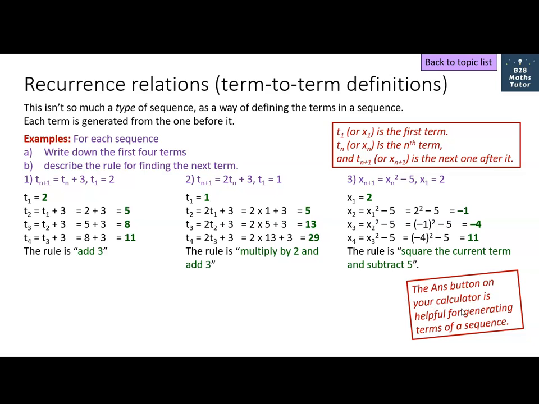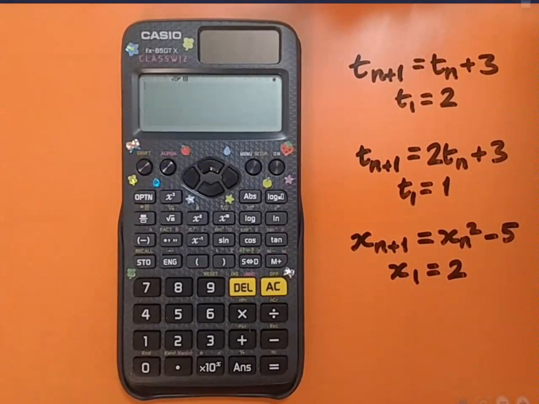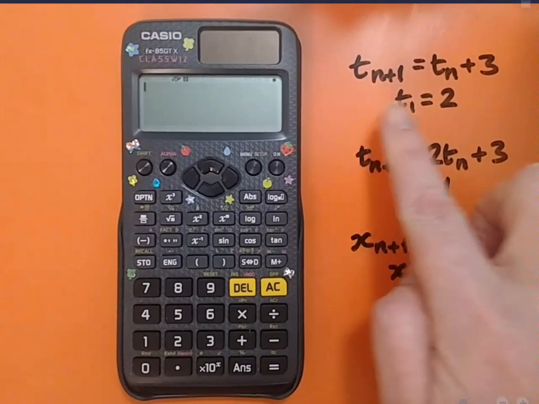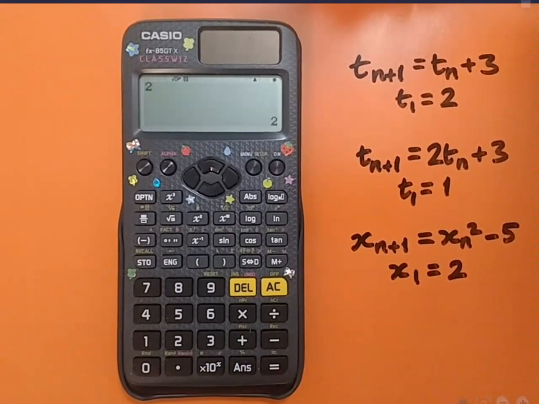Now the ans button on your calculator is really helpful for generating the terms of a sequence. And I'll just show you how to do that. So let's have a look at how you use your calculator's ans button to do these recurrence relations. So first of all, this first one here, our first term is 2. So we do 2 equals, save that in memory.